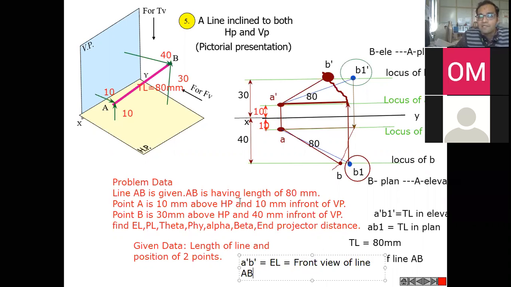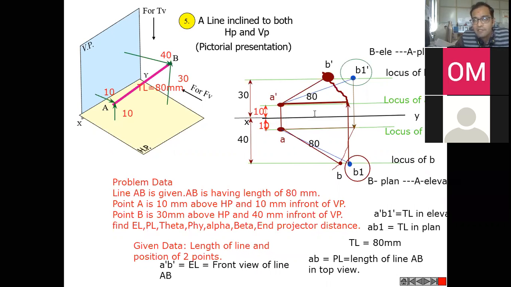Now we need to measure all other data. We need to measure the remaining data and write all the details. For example, if I measure a dash b dash, that is going to give me the elevation length. If I measure ab, it is going to give me the plan length.